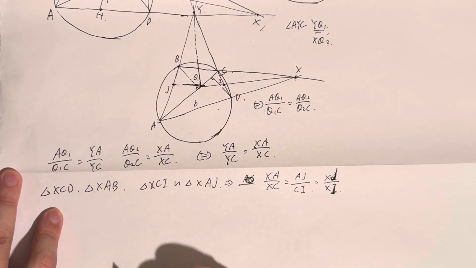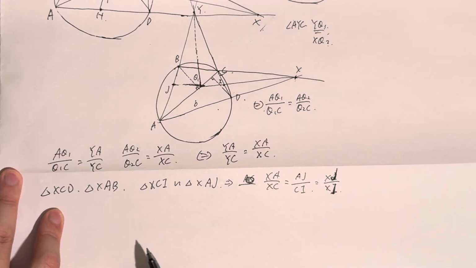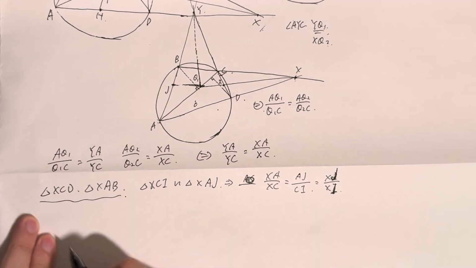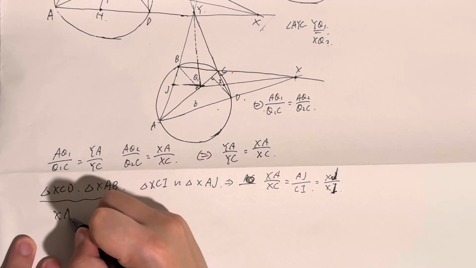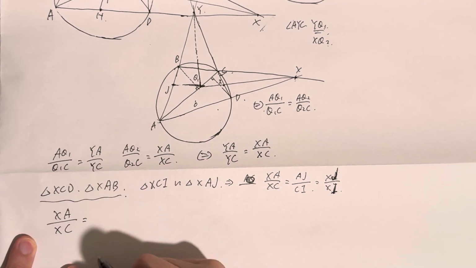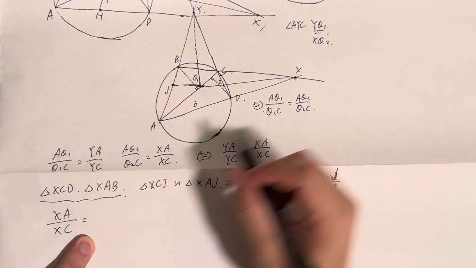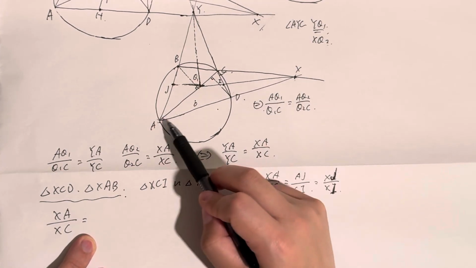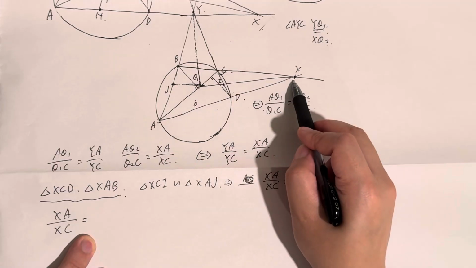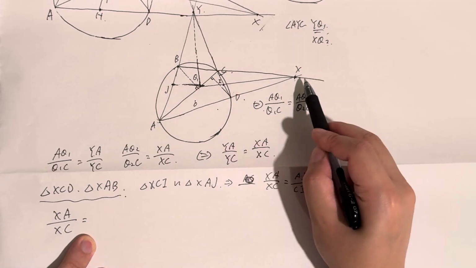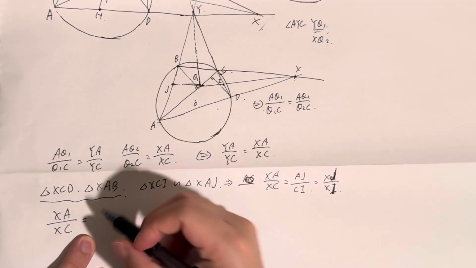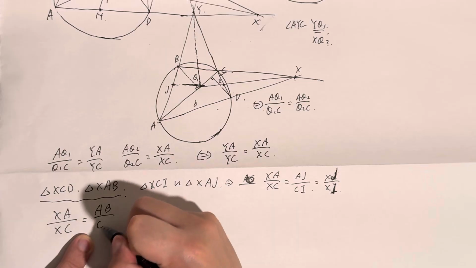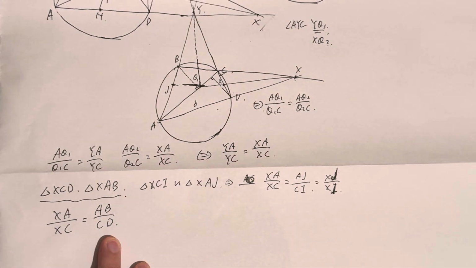Also, because triangle XCD is similar to triangle XAB, XA to XC equals AB to CD, right?